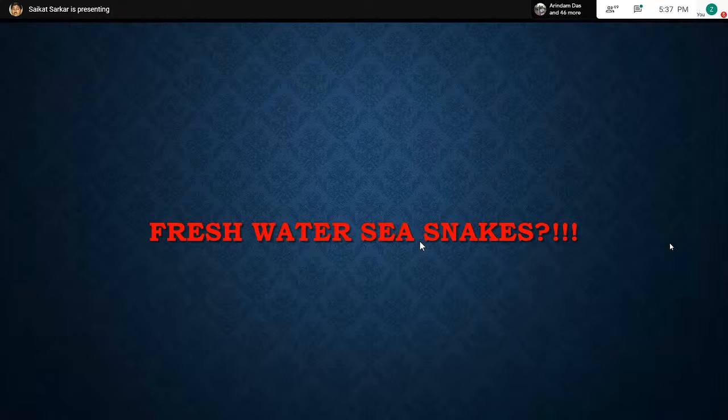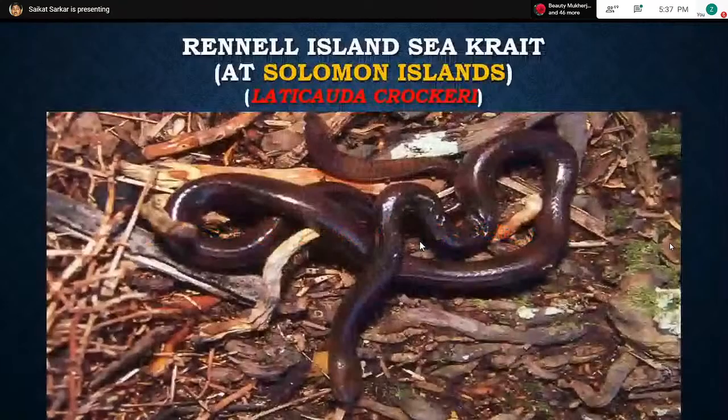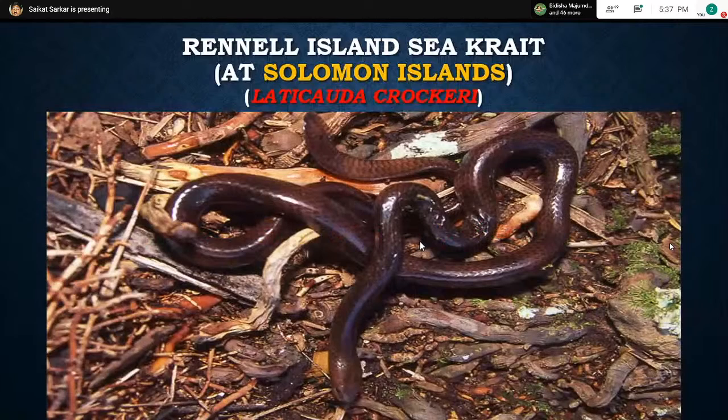Now, let us enter the world of freshwater sea snakes. This is an oxymoron, right? Freshwater sea snakes. Is it possible? Yes, it is possible. Rennell Island sea krait. Solomon Islands, the group of islands that you can find in between Australia and Papua New Guinea.